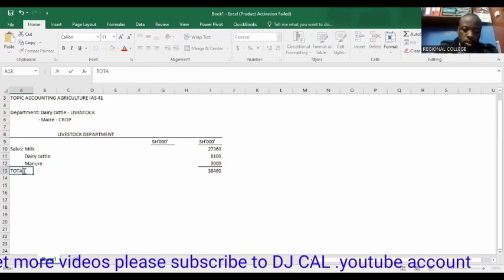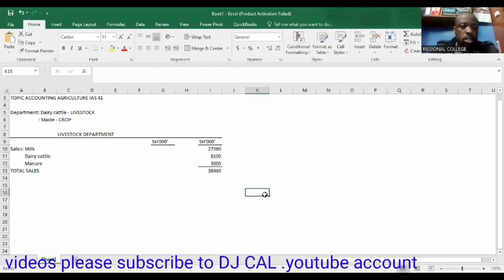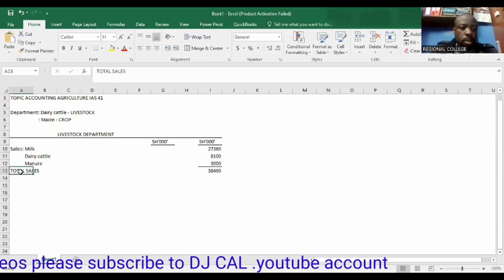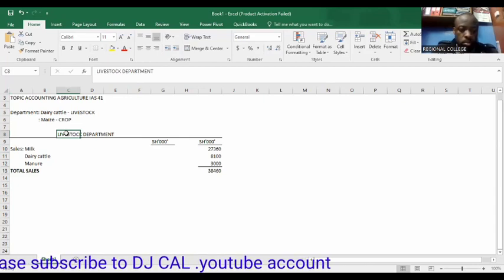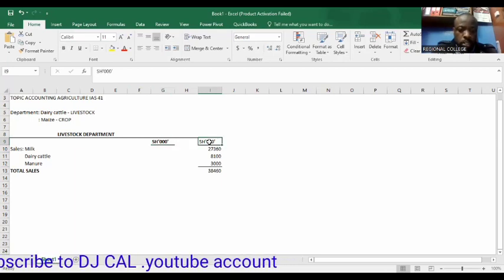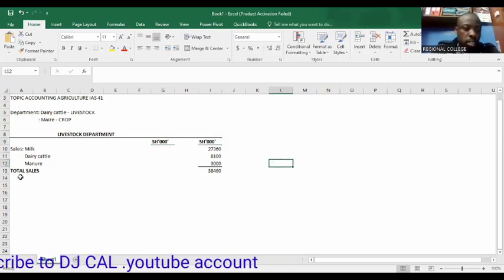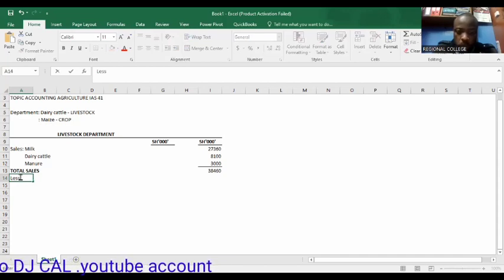So this one is our total sales from livestock during the year. Once you get your sales, now you go to the cost of sales to be deducted. So you can say less our cost of sales, that is how our inventory is moving.